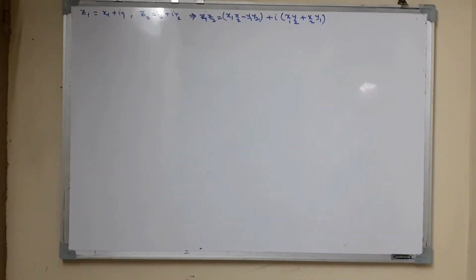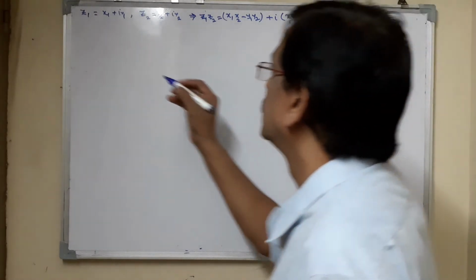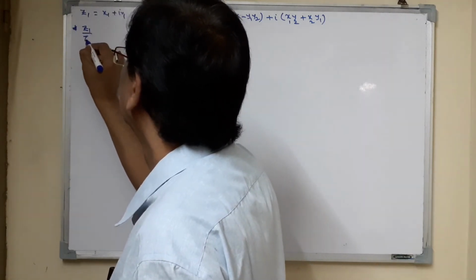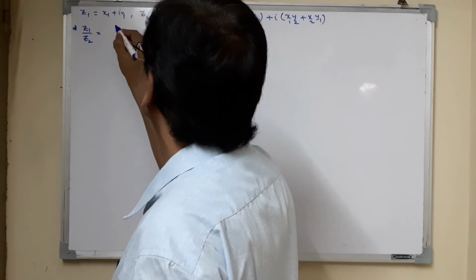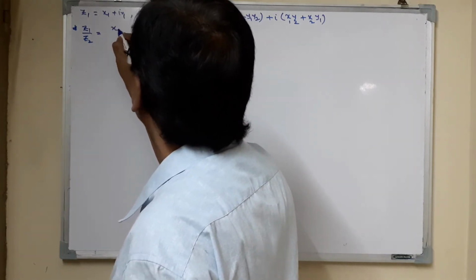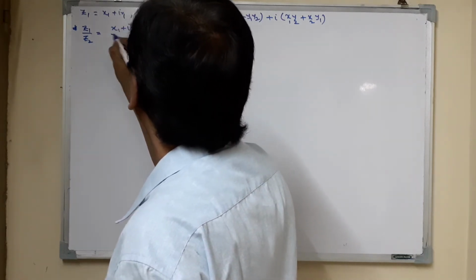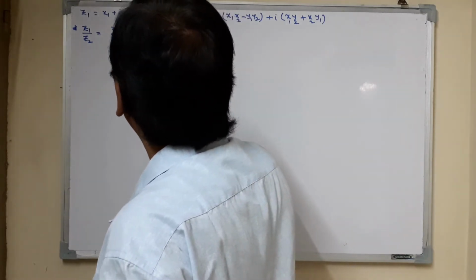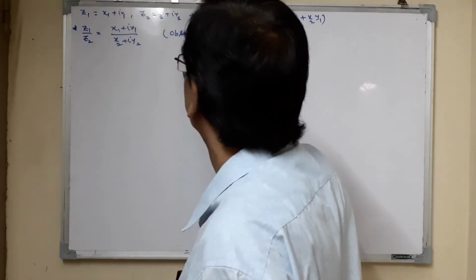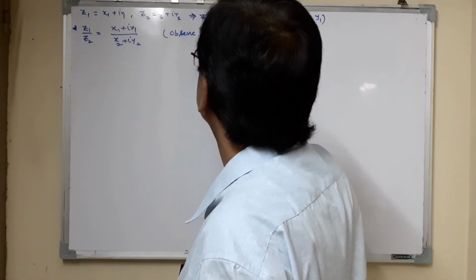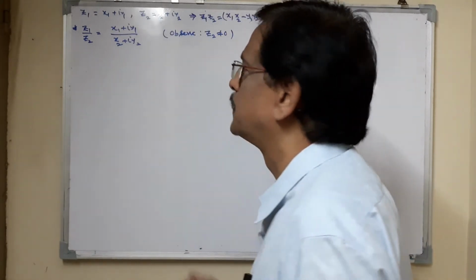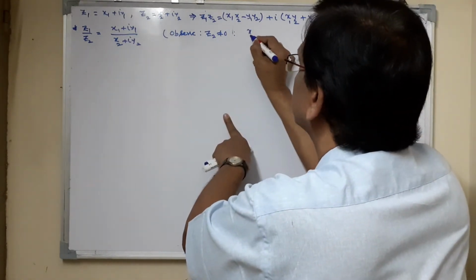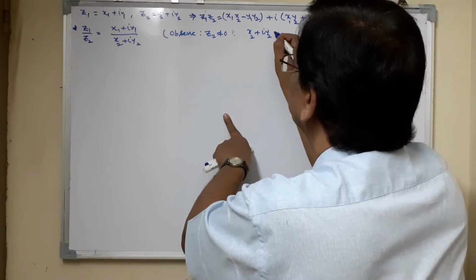So if you want to write down z1 by z2, obviously this is (x1 plus iy1) by (x2 plus iy2). Observe, z2 is non-zero. What do you mean by non-zero? z2 is non-zero means x2 plus iy2 is non-zero.